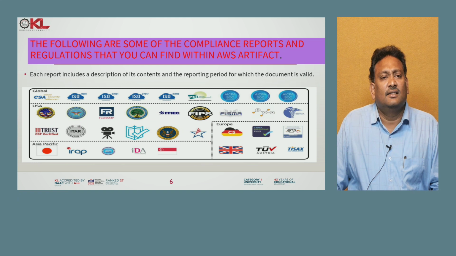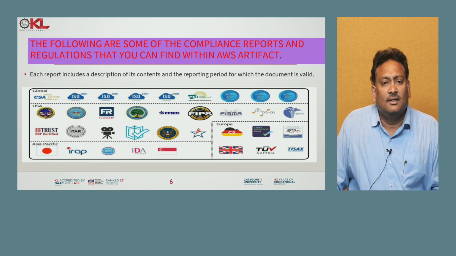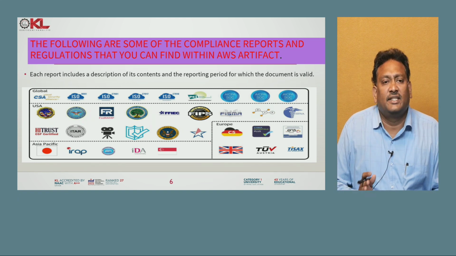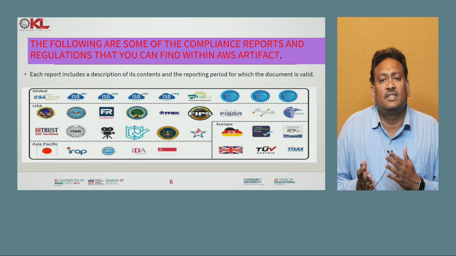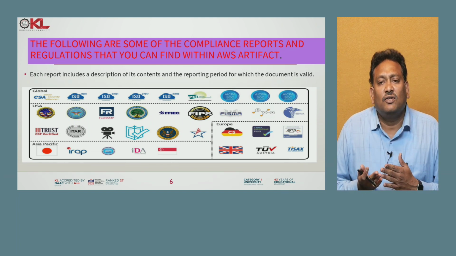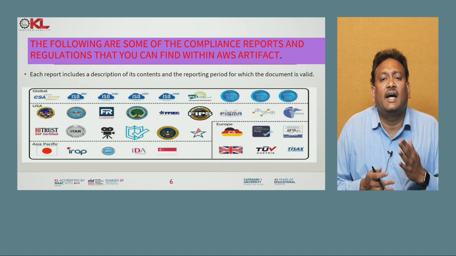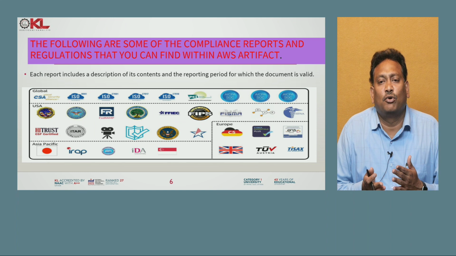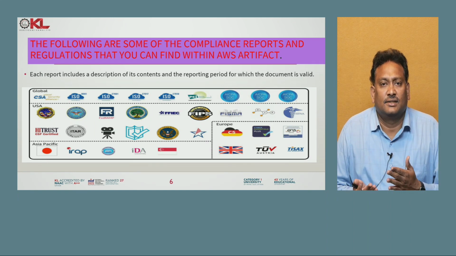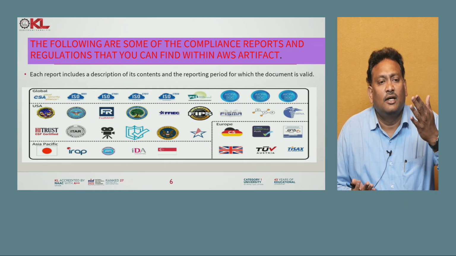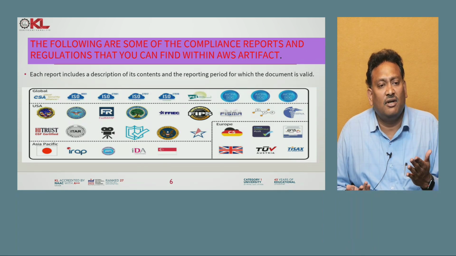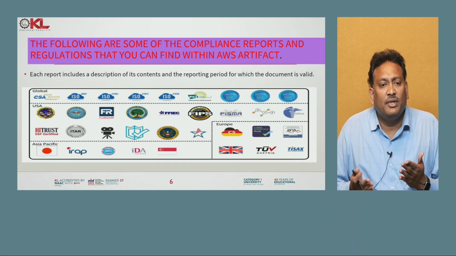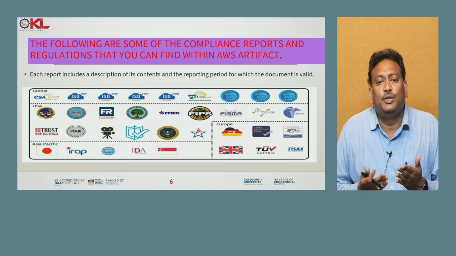Here are some of the compliance reports and regulations that you can find within AWS Artifact. Generally, Artifact contains on-demand access to security and compliance reports about an organization. There is a list of reports. We have global reports, and compliance reports specific to the USA, Asia, and Europe.